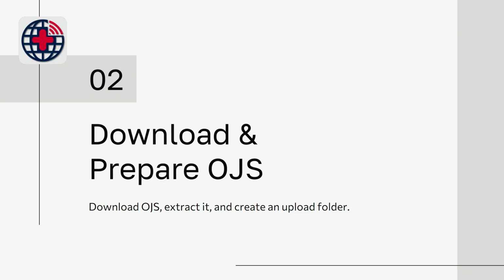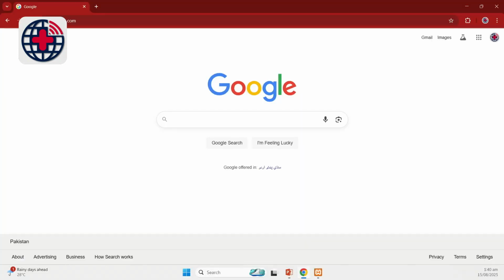Next, we need the Open Journal Systems package. Visit the official PKP website or OJS GitHub page to download the latest release.